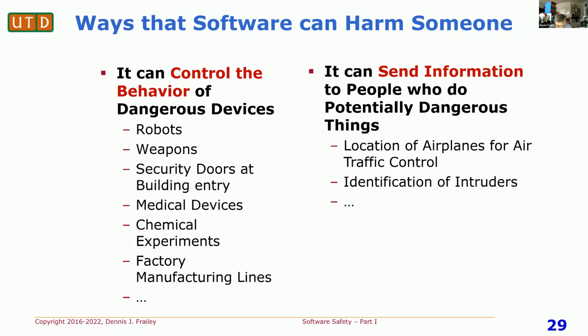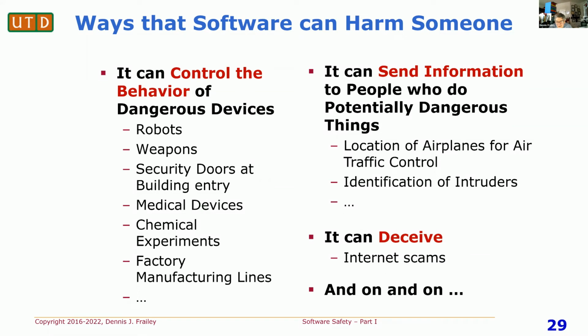There's all sorts of examples like that. It can also deceive. We're all familiar with internet scams. And there are many, many more things. The people who are intent on criminal behavior are always one step ahead of us in terms of thinking of ways that they can get around a system. And we software people have to be clever enough to anticipate what they're doing and prevent it.